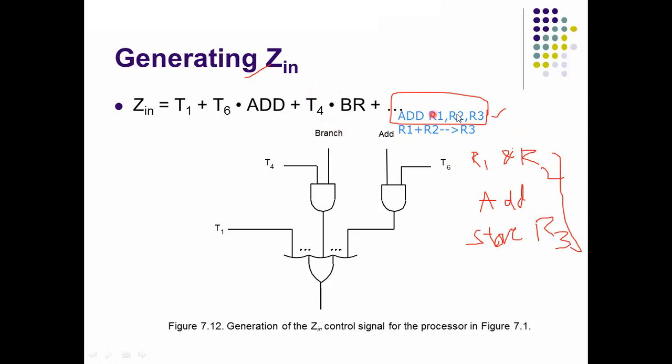That's why we give plus and so on, based on the given instruction. If we take the clock cycles as T1, T6, T4 only, then Zin is active in T1, T6 and T4 states. Now we draw the combinational circuit for this Zin. This is the T1 state, the T1 clock cycle. Next, T6 dot Add.